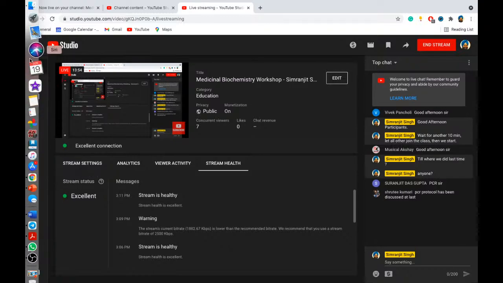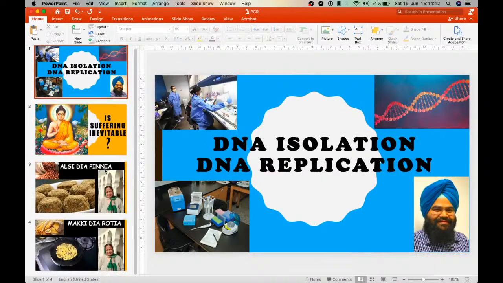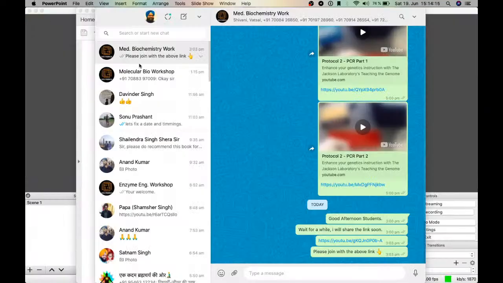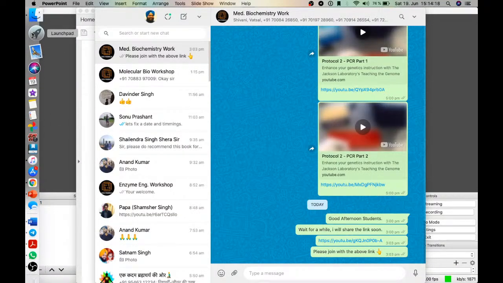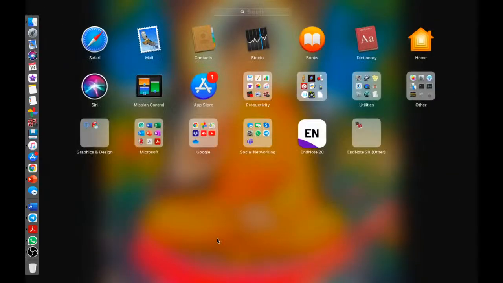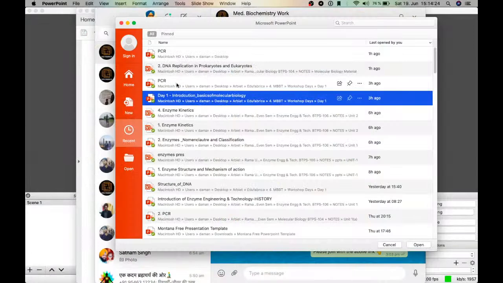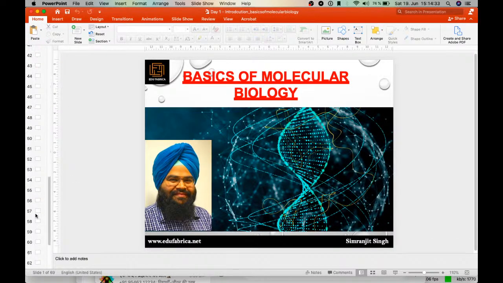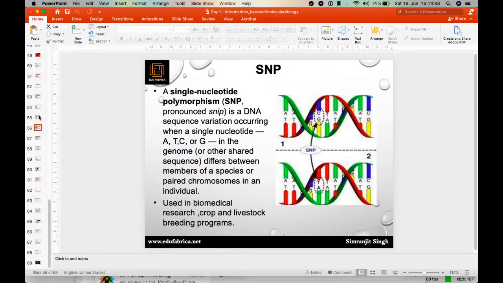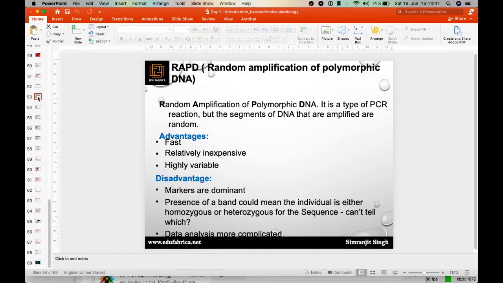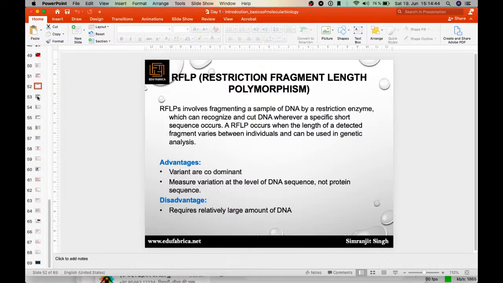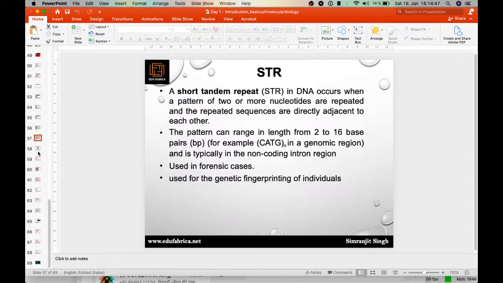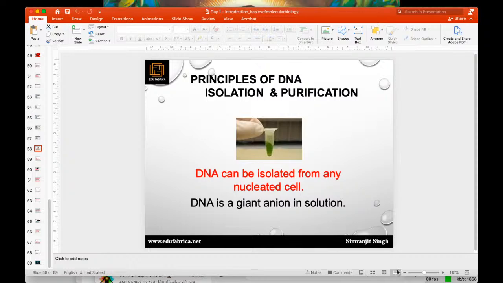So okay, PCR was done. So after the PCR, we go with the DNA isolation.